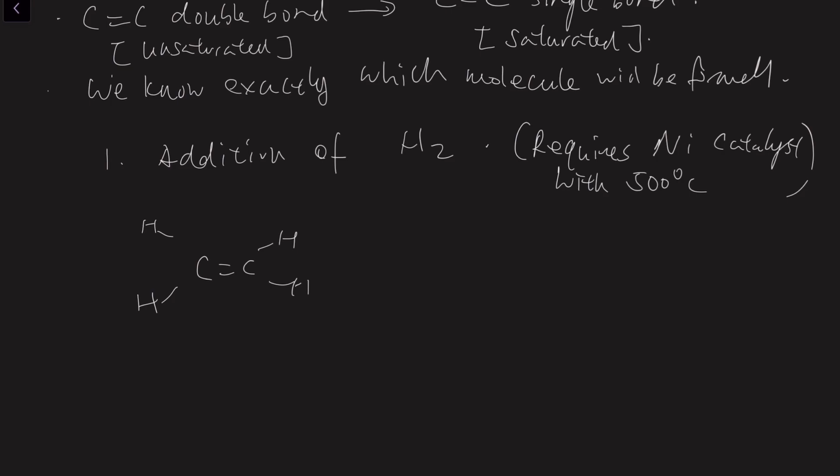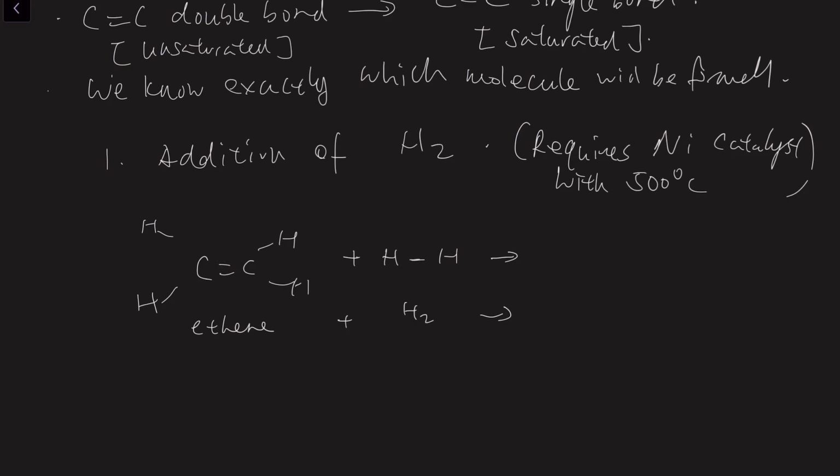And then you add, so this is ethene, and you add hydrogen gas. So what happens is literally the double bond breaks, and then you add the hydrogen atoms across. So this is literally what would happen.